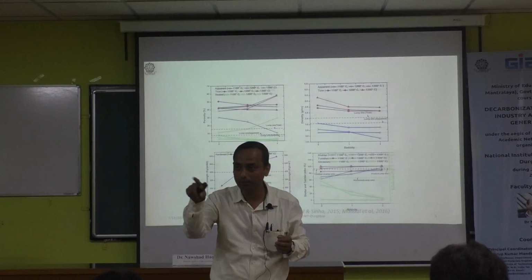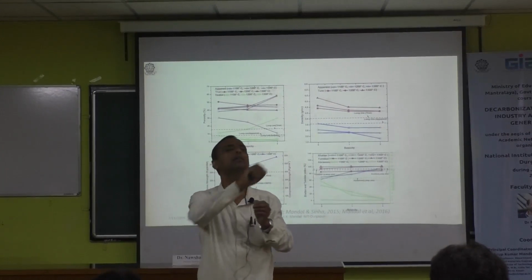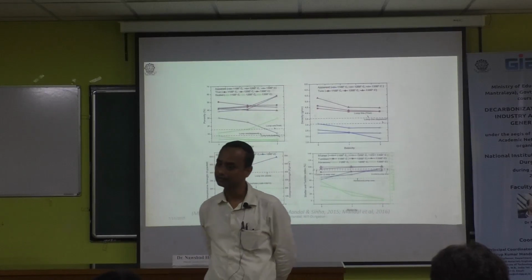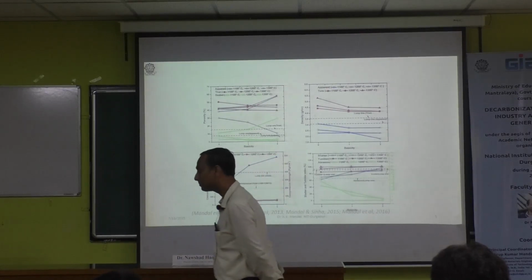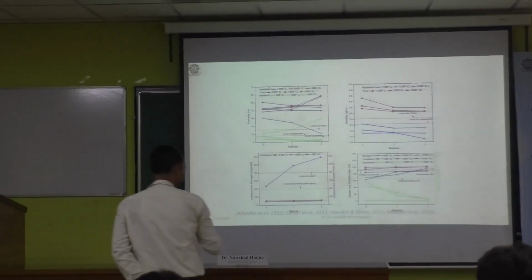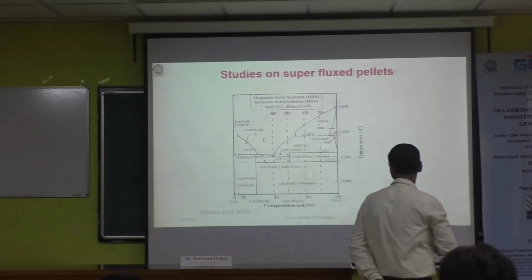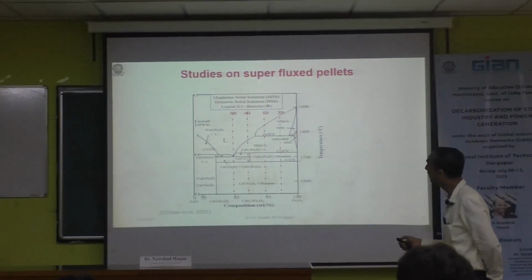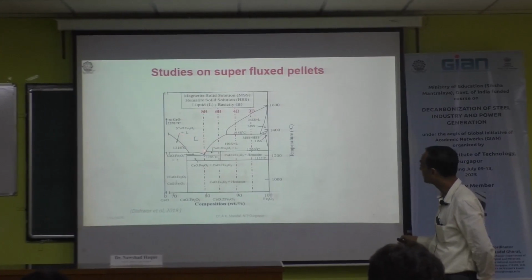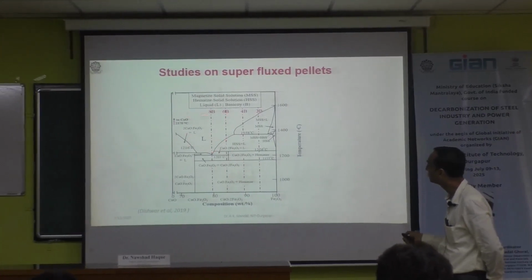Then CaO will not be present as CaO. It will be like CaO.SiO2 or something in this way. Okay? Then you can do it. How much temperature is required? If you see the phase diagram, this one, this is the liquid phase. It means this is the slag zone.